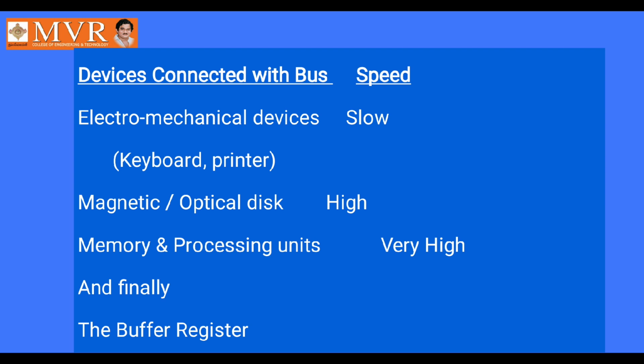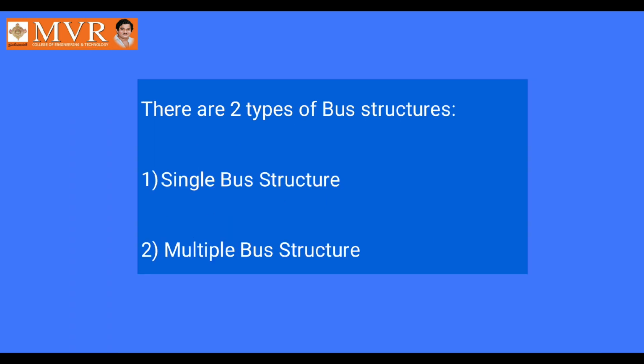So the buffer register acts as the interface between high speed and low speed devices to transfer the data, to avoid overlapping and miscommunication. These are the four types of devices that are connected by using a bus.